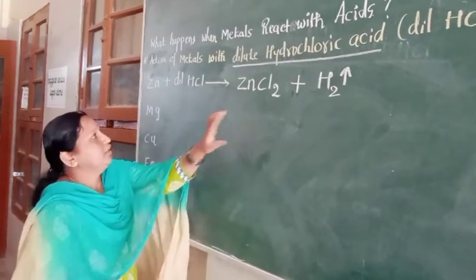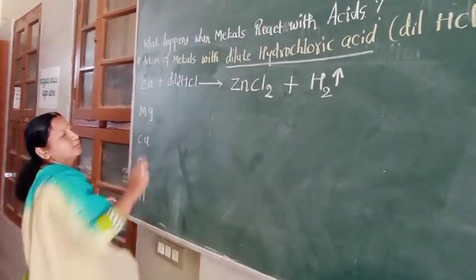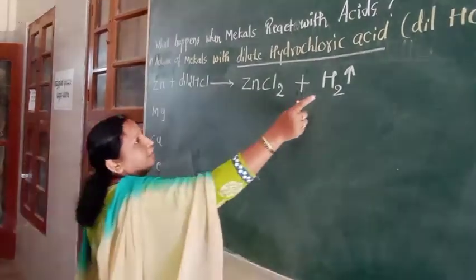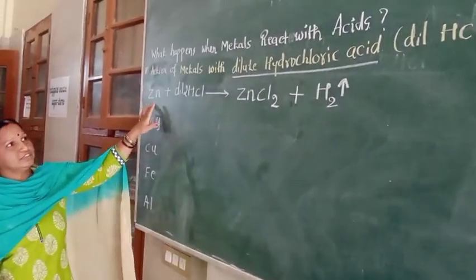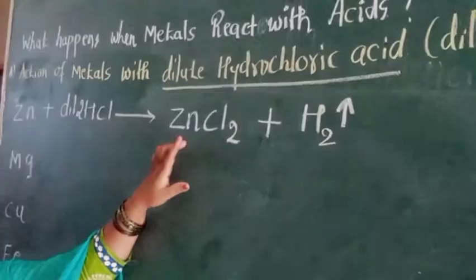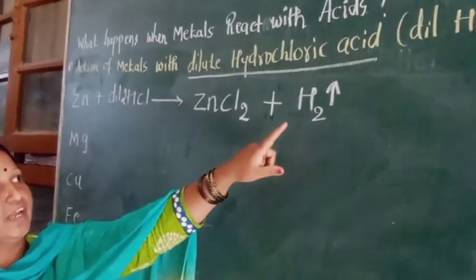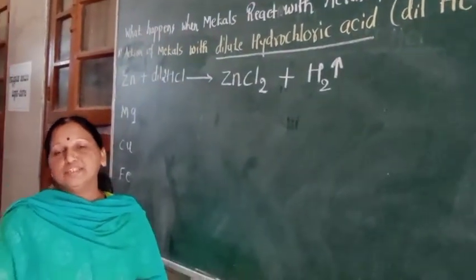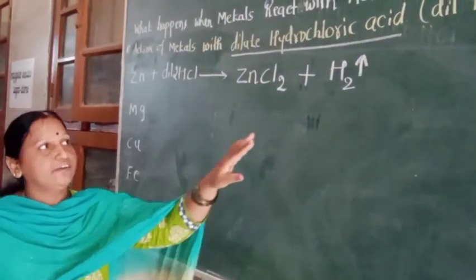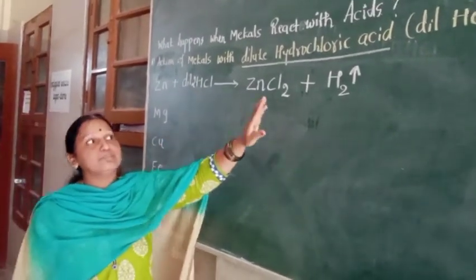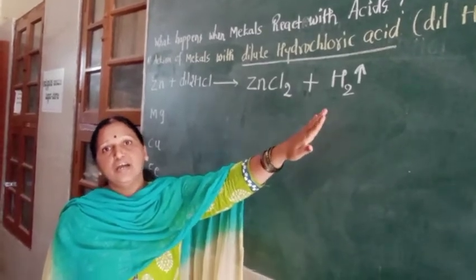For chlorine, I am going to make it 2. So the reaction is balanced. The product is zinc chloride, and the gas released is hydrogen. That means whenever metals react with hydrochloric acid, hydrogen gas is released. The metals displace the hydrogen here.